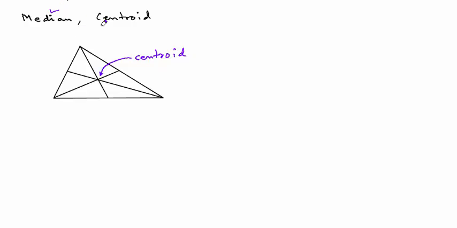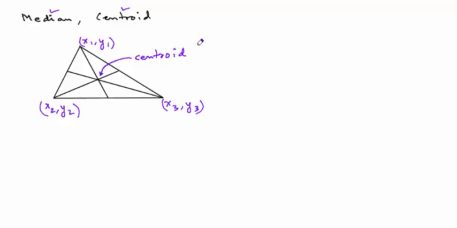So you know median, you know centroid. Now let's say you know the xy coordinates of the 3 vertices on this triangle. Let's say this is x1 comma y1, this is x2 comma y2, and this is x3 comma y3 on the xy coordinate plane.